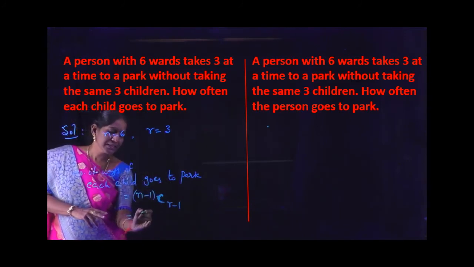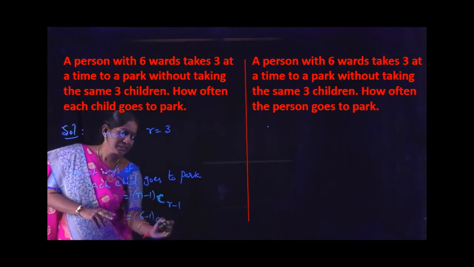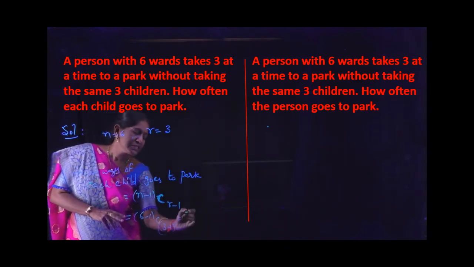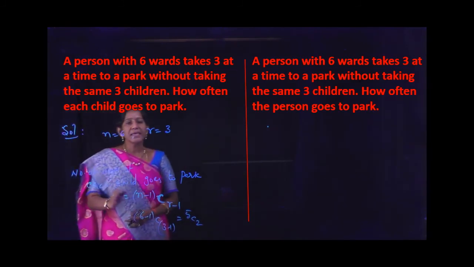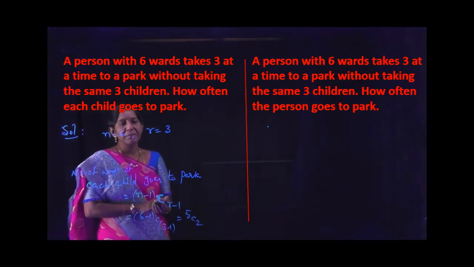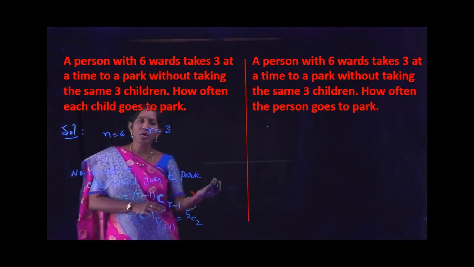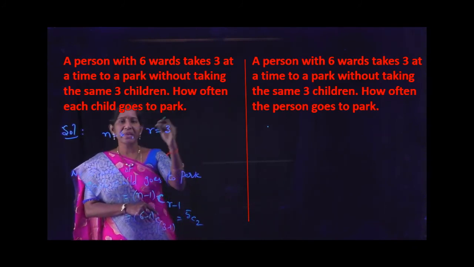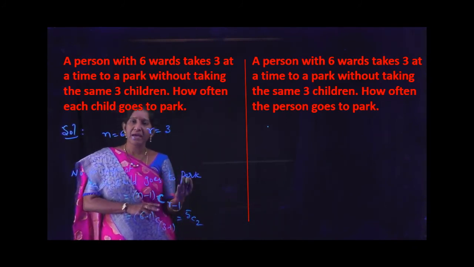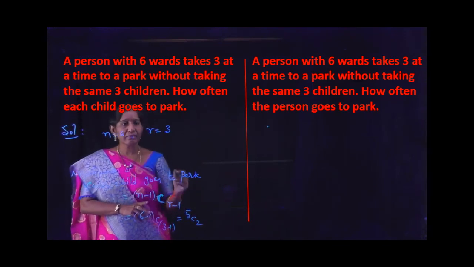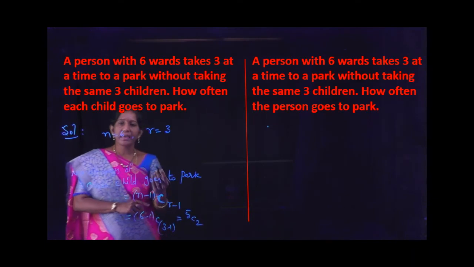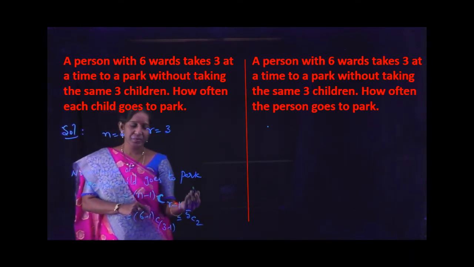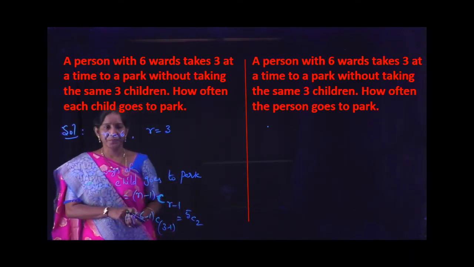So that is 6 minus 1 C 3 minus 1. This value is 5C2.